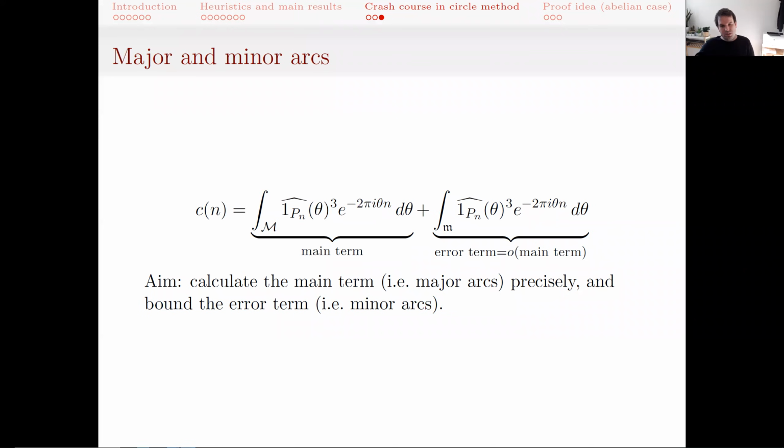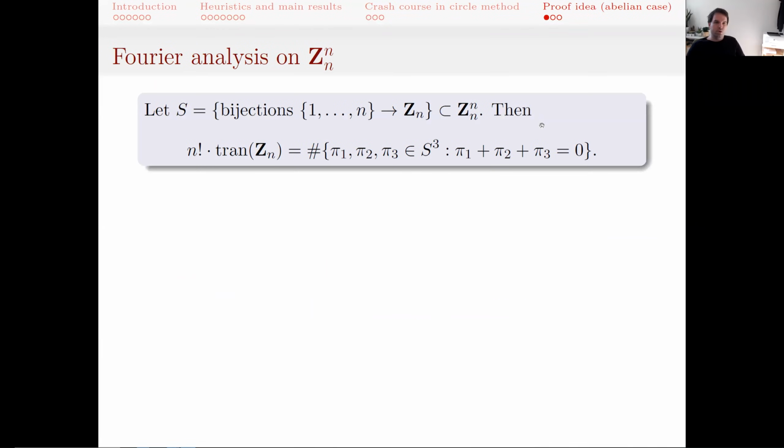So this idea is actually useful in quite a lot of circumstances. So that was about it for this crash course. I hope now you know everything about the circle method, and now we can move to the application in our setting.